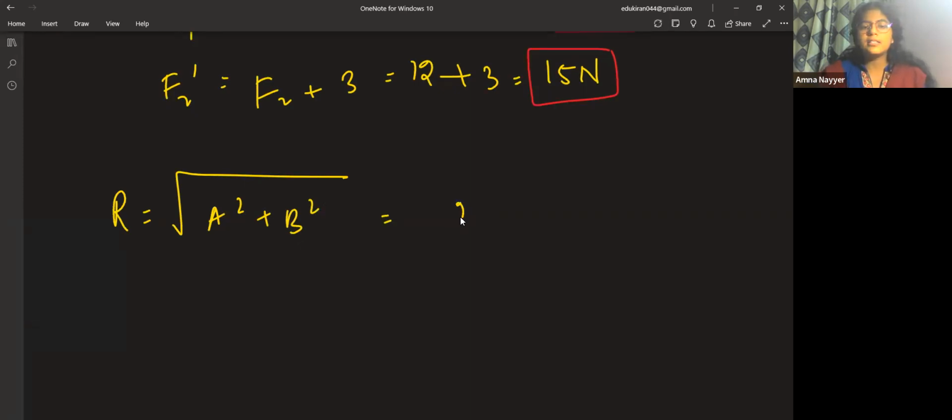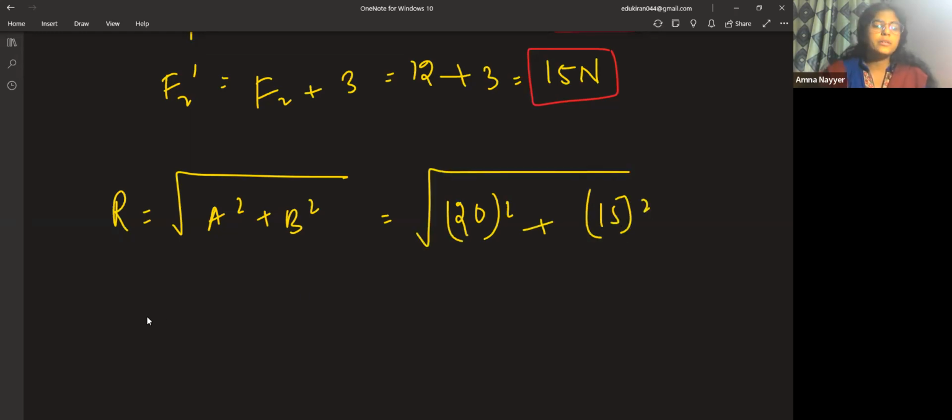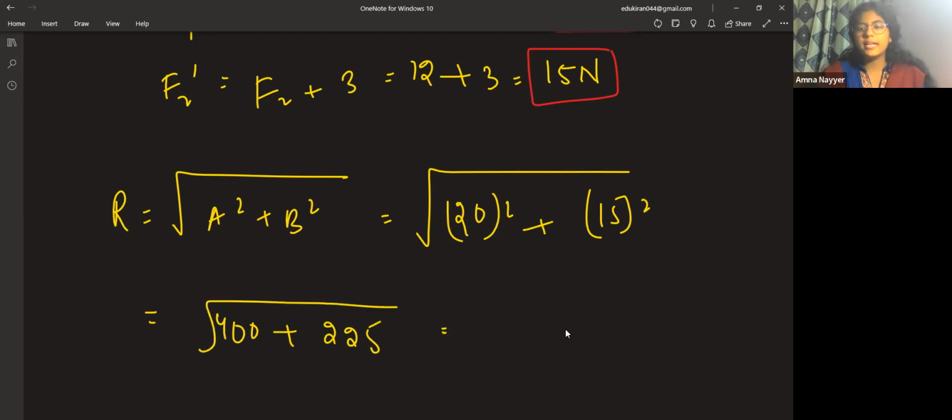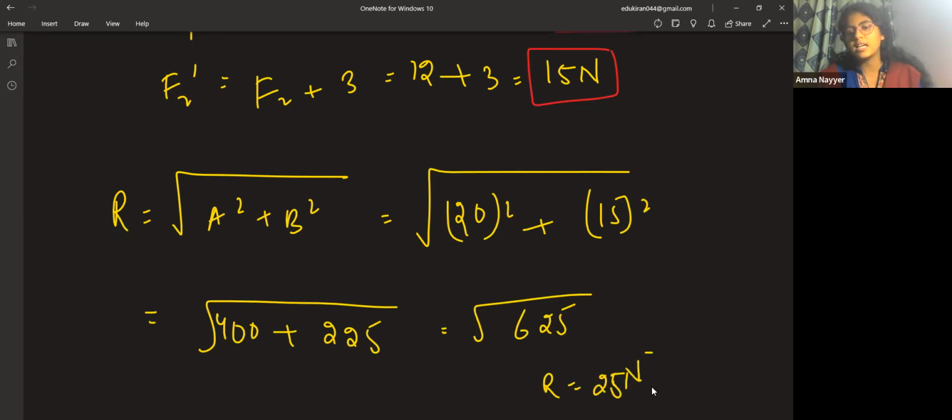What is A? This is 20 square. What is B? That is 15 square. So that becomes 400 plus 225, which is 625. So the resultant is finally 25 Newton. This is our complete final answer.